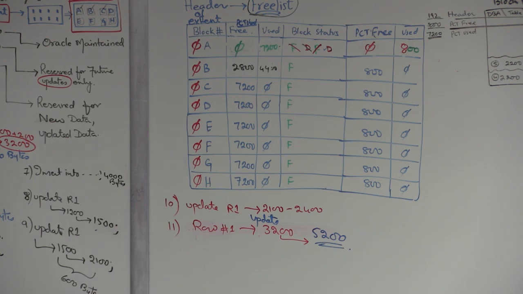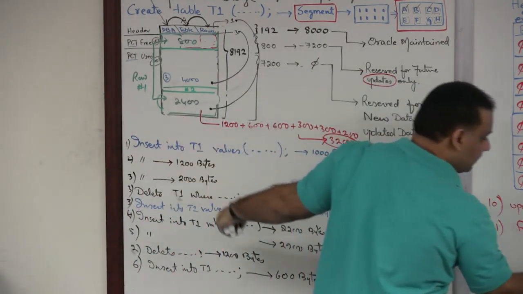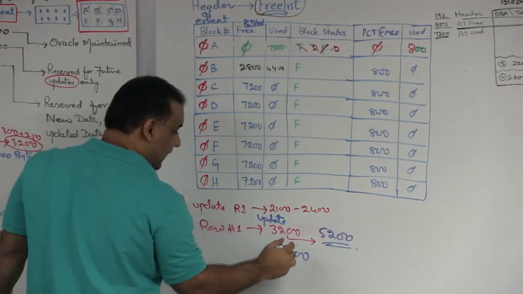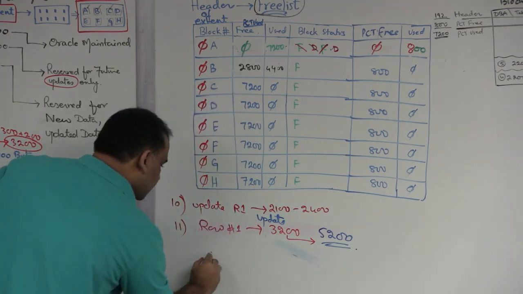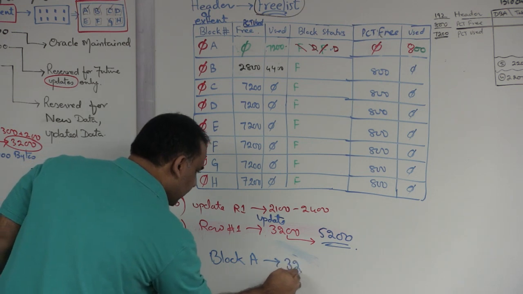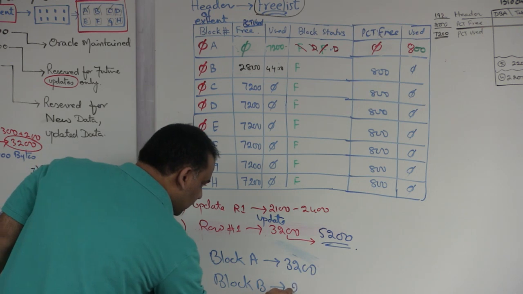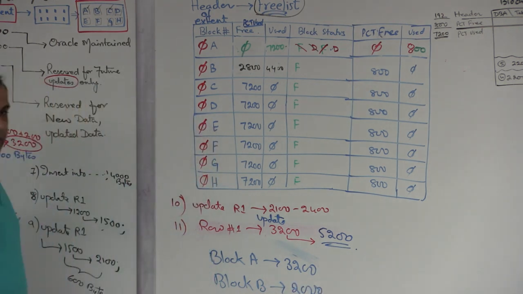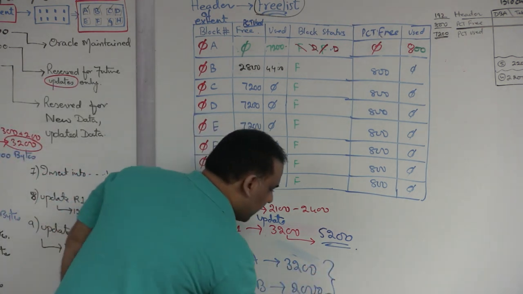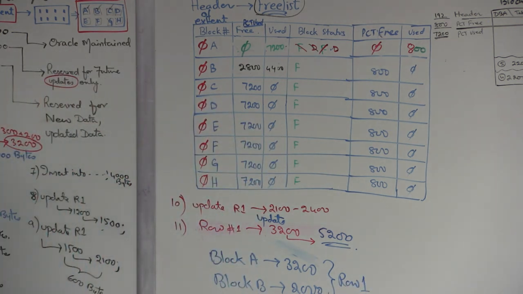Multiple options here. First option is, how about if I keep the 3200 here and then add plus 2000 more, so block A can keep 3200 and then block B can keep 2000, right? So this will still be considered as row 1. But the problem with that is, think about this.